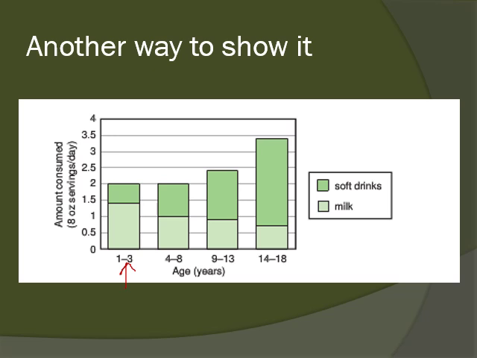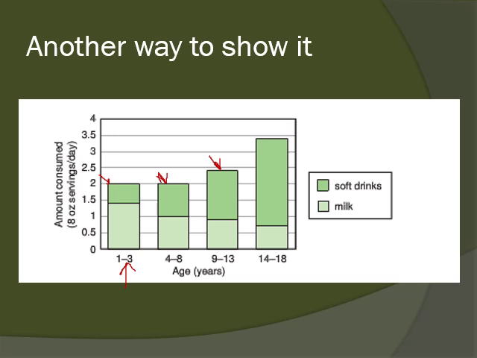Some drawbacks to this one and some pros. Some pros is it nicely adds them together for you. So I can tell that 1 to 3-year-olds are getting about 2 servings a day. And I can tell that 4 to 8-year-olds are getting about 2 servings a day. And I can see that 9 to 13-year-olds are getting more drinks per day. I mean, it makes sense when you're larger, you tend to need to drink more.